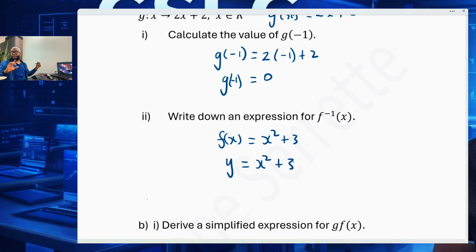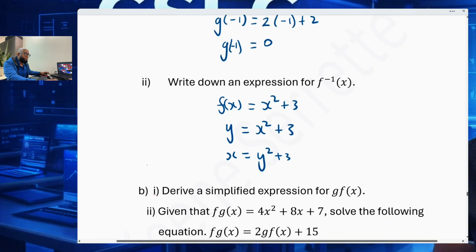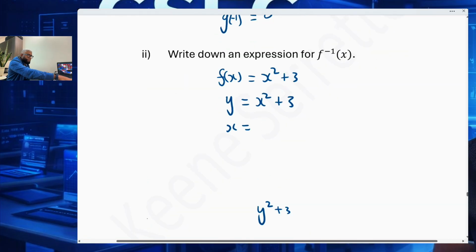At this point in time, you want to interchange what? X and y. Wherever x is, you're going to put y, and wherever y is, you're going to put x. This will be x is equal to y squared plus 3. Everybody good there? So at this point now, we need to make y the subject again.